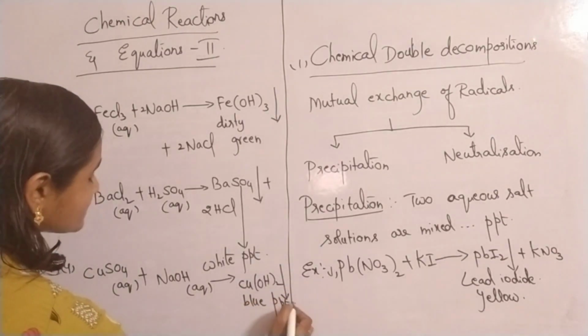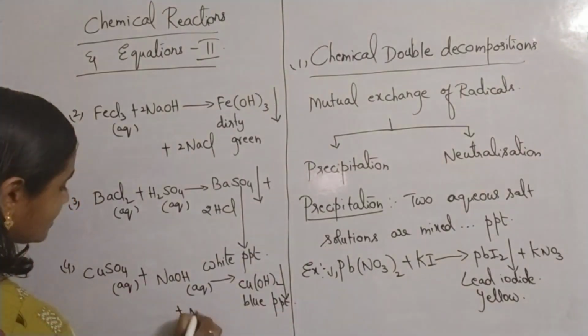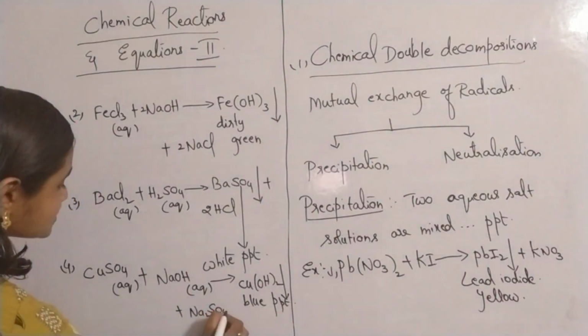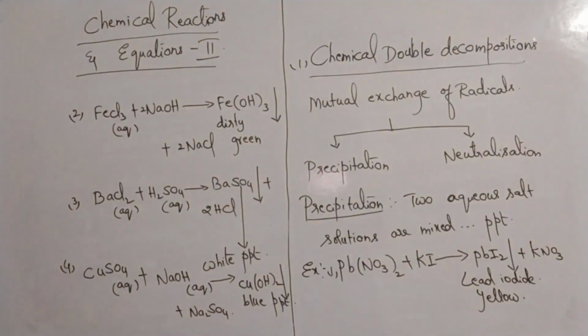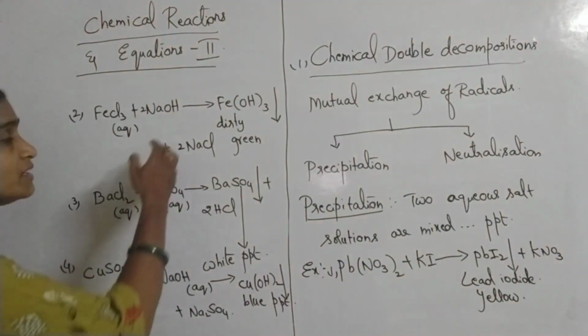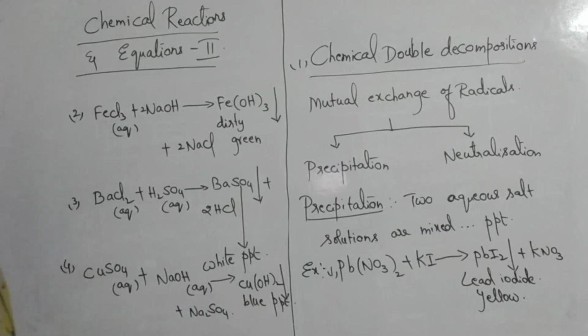A bluish precipitate you will get, and along with that Na2SO4 also. So in all these cases you are observing colored precipitates being formed. You have to remember the color changes also, so that it will be very beneficial for your competitive exams.